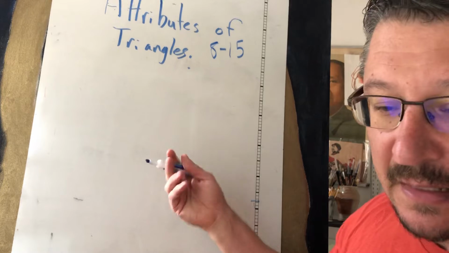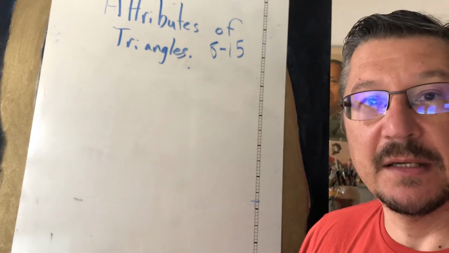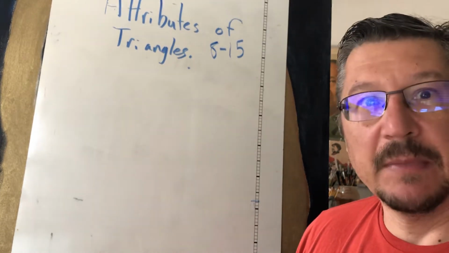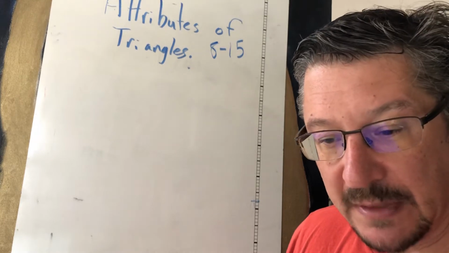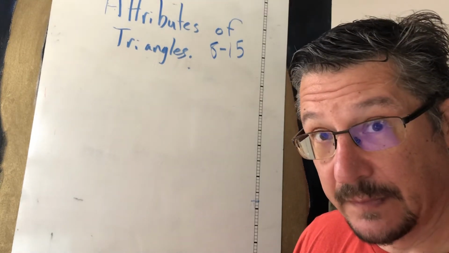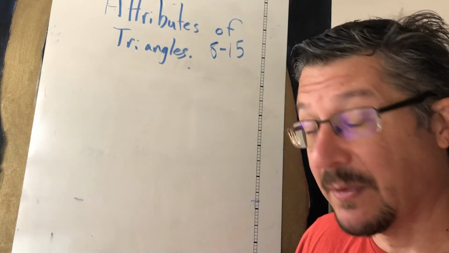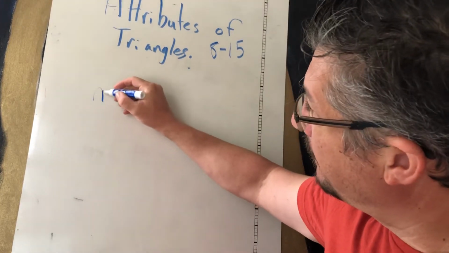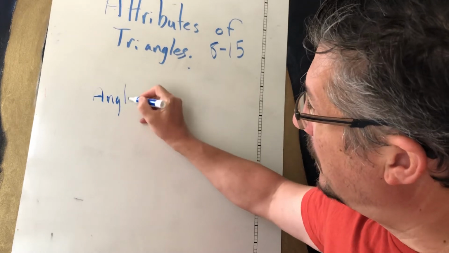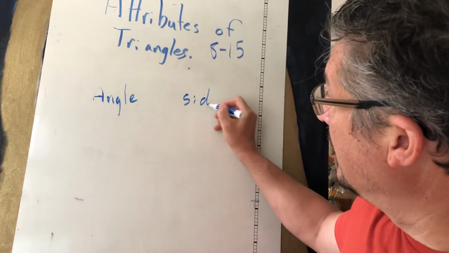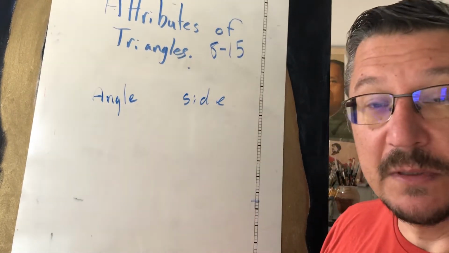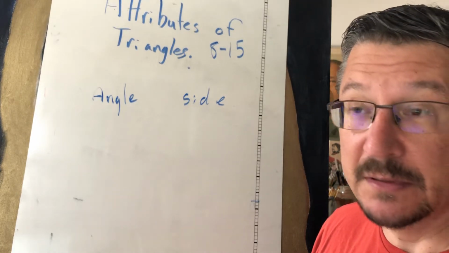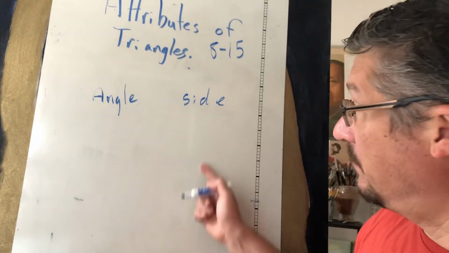So that's an easy one because those are in the same category. Equilateral and isosceles are both categorized by what? Say it to yourself. Are they categorized by angle or side? Well, if you look at your notes, they're both on the side part.